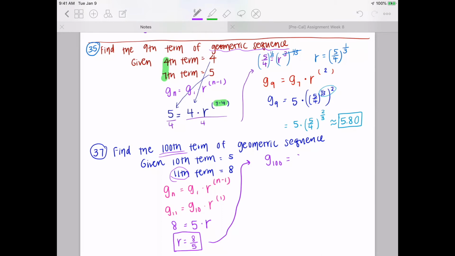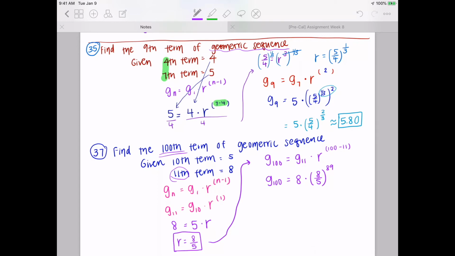So I'm going to substitute G sub 11 times r to the... How far is 11 to 100? We write it up here. I think it's 89. So let's substitute whatever we know. G sub 100 is what we want to find. G sub 11 is 8, times 8 over 5, that's r, to the 89th power.